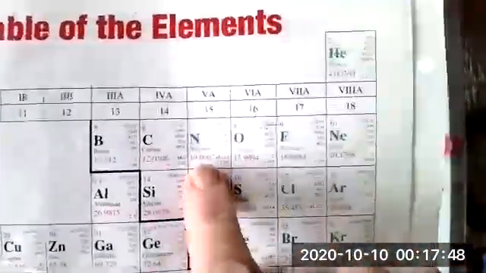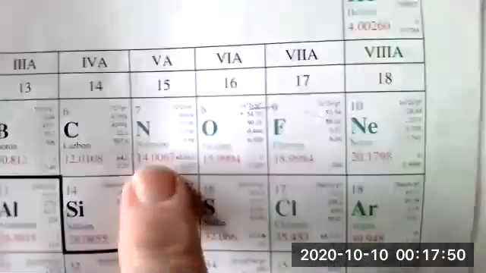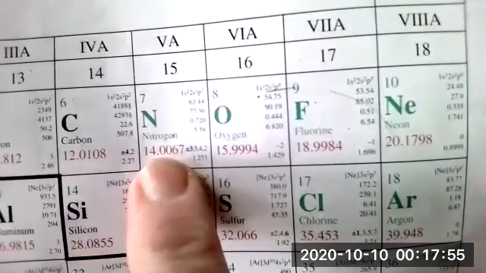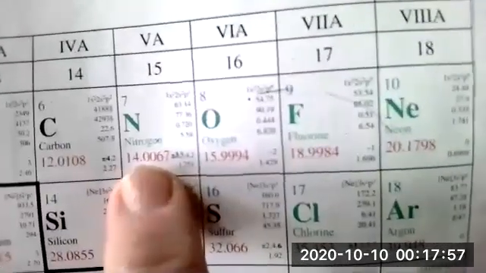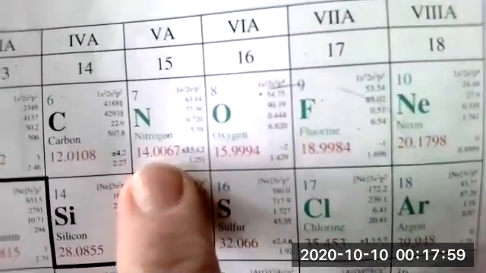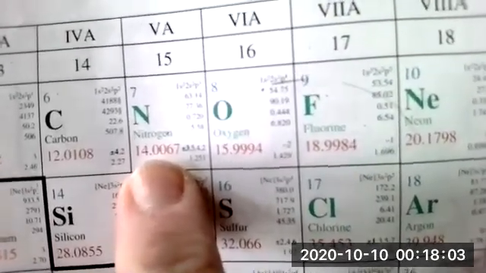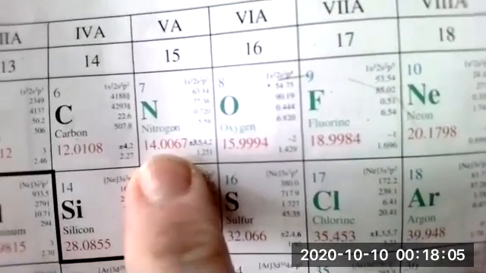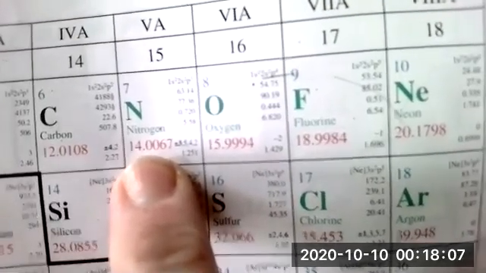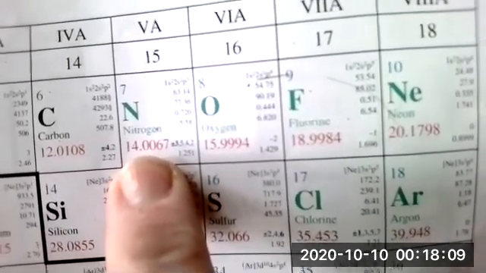Let's start off with good old nitrogen. Okay, here comes topic 3 back in your face. How many electrons does nitrogen have? You have to go back to topic 3. Because if you don't know, you're going to get all these wrong.